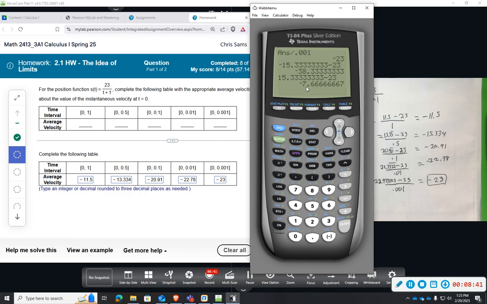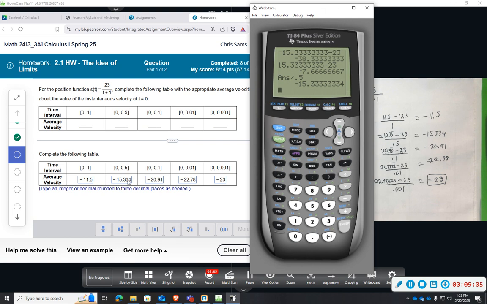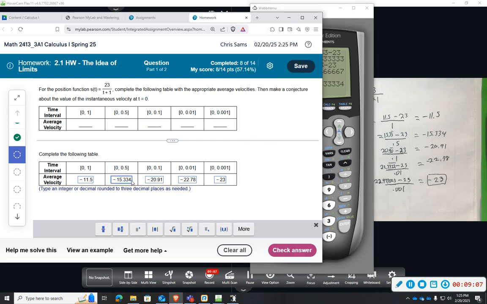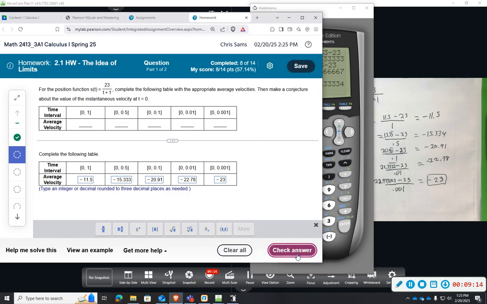Okay, so I'll get this 7, and if I divide that by 0.5, maybe I can just change this to a 3. Oh, I got 13 as well, so I did mistype that. So let's make that correct, 15, and we can also say 0.333 because that won't round up. And let's see, maybe that's the one that didn't come out right.